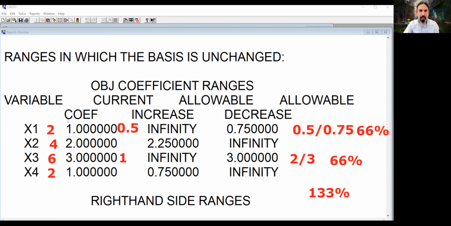The optimal solution is the same solution with the same x values, but the value has doubled. That's it.